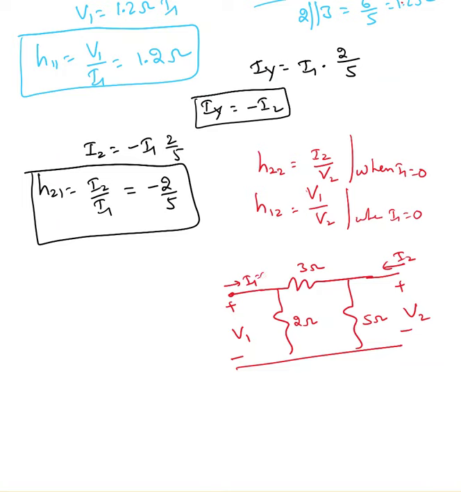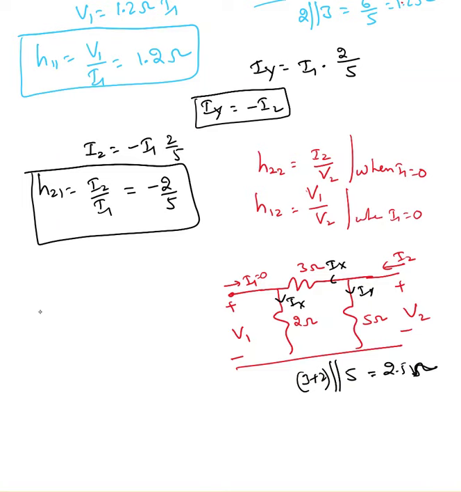Now since i1 equals 0, whatever current comes here is going to split. So i2 is going to come, let me say this is Ix and Iy. Since the current is 0, this must be Ix. So can I say 3 and 2 are in series, and this series combination is parallel with 5? So 3 plus 2 parallel with 5 ends up with 2.5 ohms.